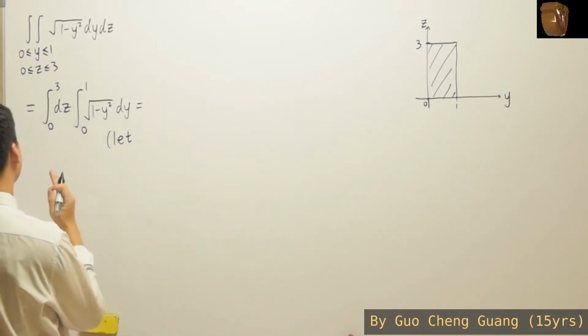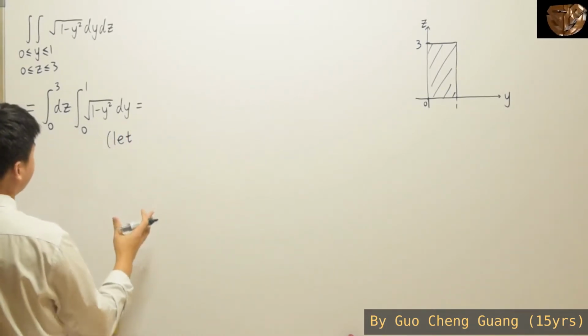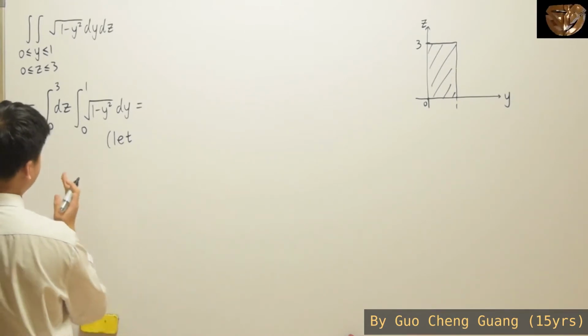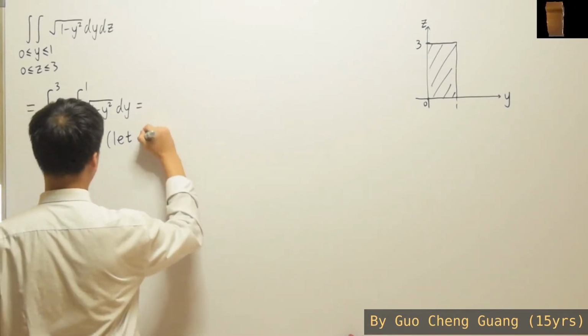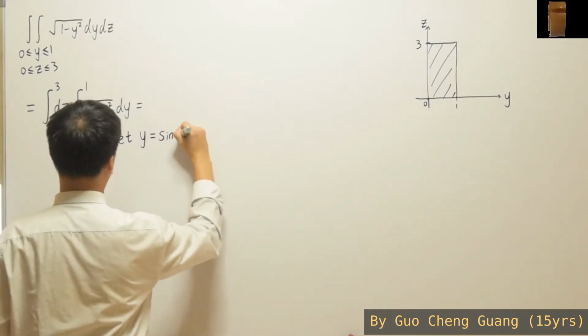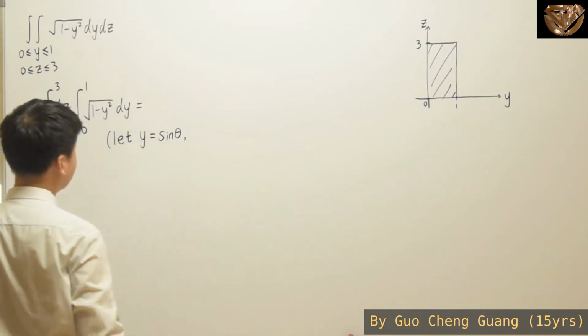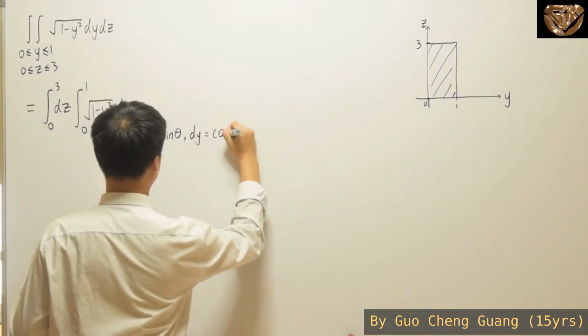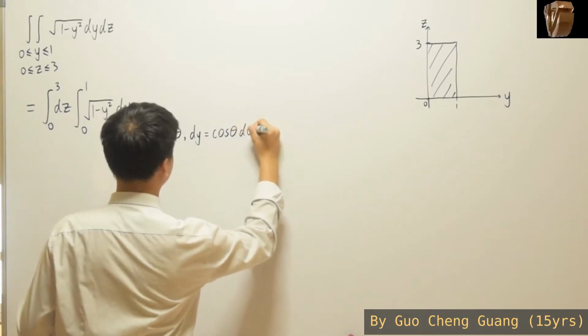Since this is 1 minus something squared, that means this something would be either sine or cosine. So let y be sine theta. So dy is cosine theta d theta.